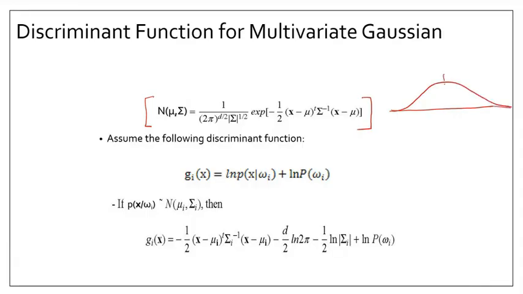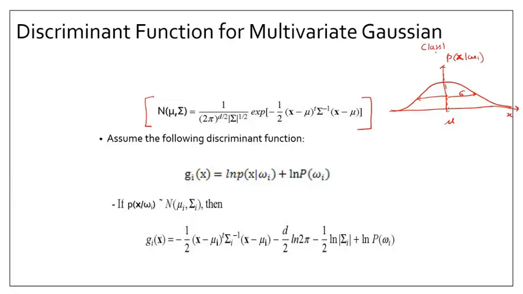There will be a mean of this distribution and there will be a standard deviation. This is the case of one dimension, and I can take the y-axis as probability of x given omega 1. That means this graph is for class 1.